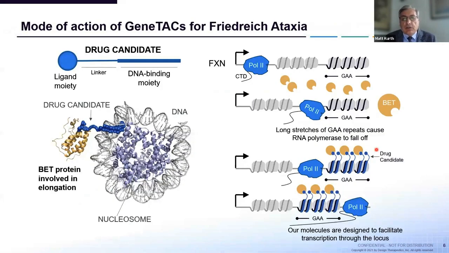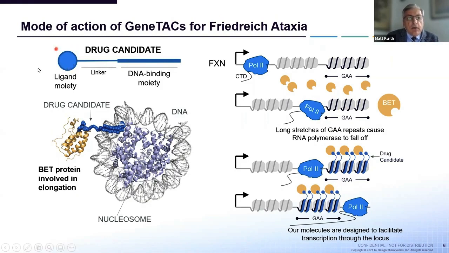Now, how do these molecules do that? The mode of action is quite interesting in that it is a heterobifunctional molecule where one end of the molecule binds to the DNA and very specifically into the region that has the GAA triplet repeat.